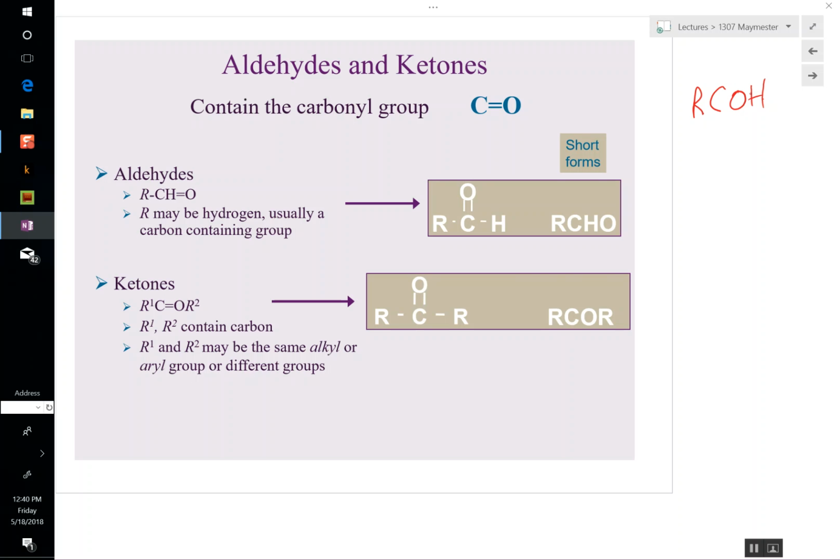All right? So aldehydes have the carbon-oxygen double bond on the end. It's always on the end. If it's not on the end, it's a ketone. The carbon-oxygen double bond is somewhere other than on the end, it's a ketone.